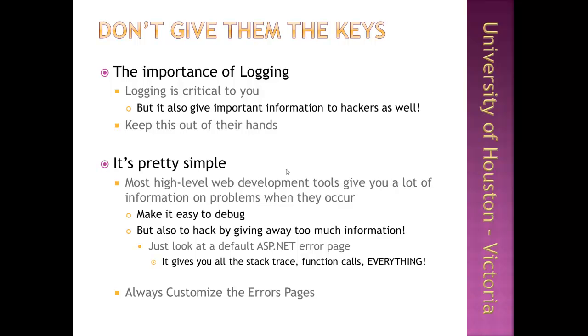They can exploit the vulnerabilities of your system if they know exactly what is going on with it. So in production, you should always use custom error pages and custom error messages and log the errors such that no end user can see them. But your production team will be able to access those errors and all the details. This will give you critical information that you need while keeping it from prying eyes.